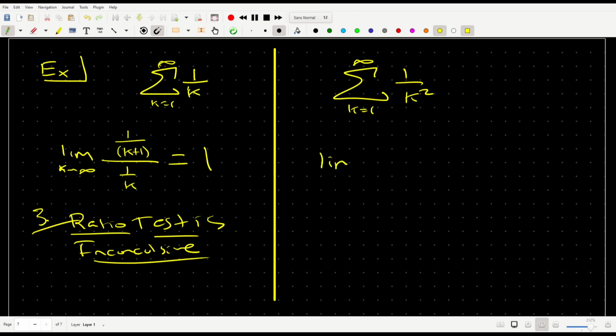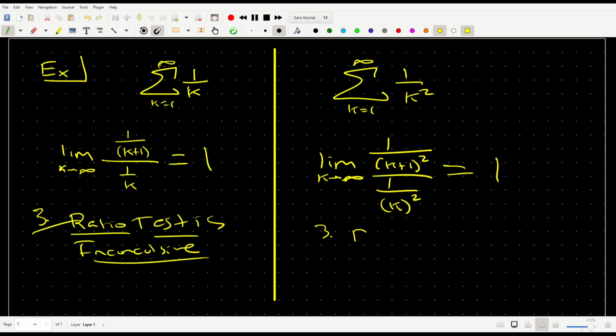This happens as well for this example right here. It's going to be 1 over k plus 1 squared over 1 over k squared. And after a couple applications of L'Hopital's rule, after we simplify this, we get that this limit is also equal to 1, which corresponds to outcome 3 of the ratio test.